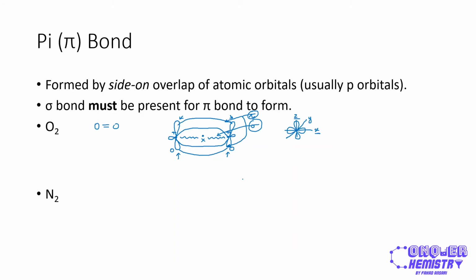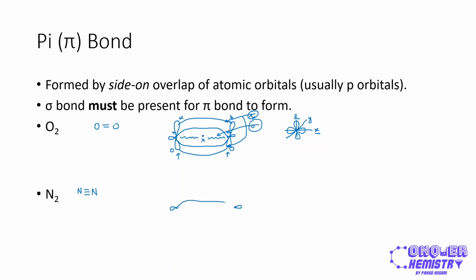Now finally, in the case of nitrogen, the unreactive gas I talked about earlier, the reason why it's unreactive is because it has a triple bond between the two atoms, right? And how this is formed is basically that you have two nuclei. First of all, you form a sigma bond between them using the change in the shape of the p orbital.